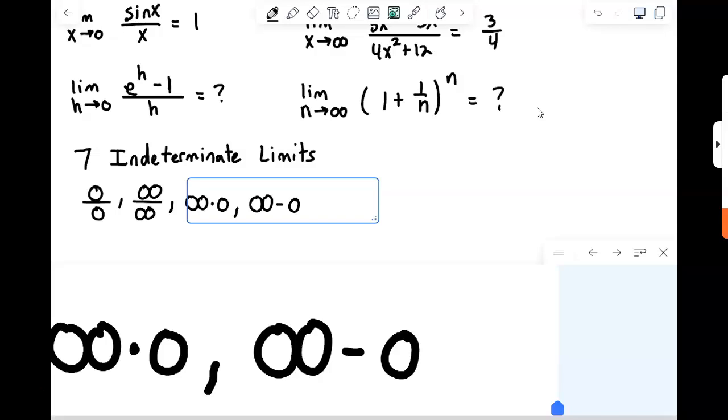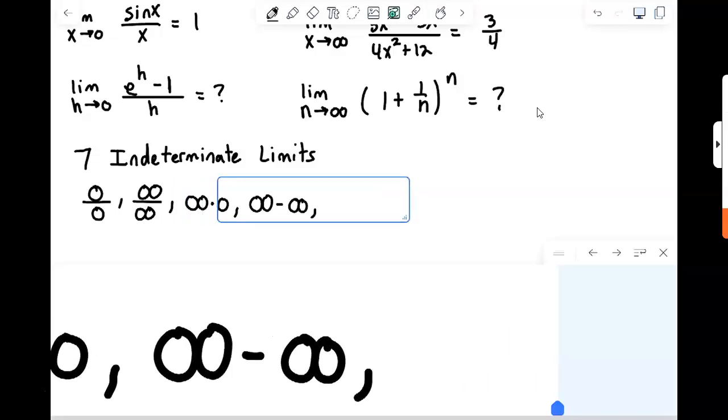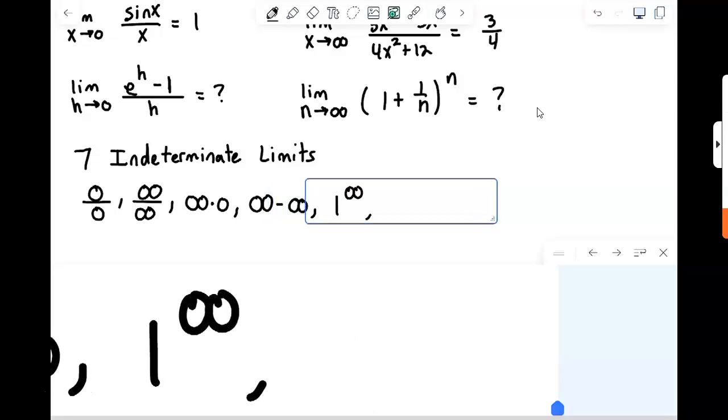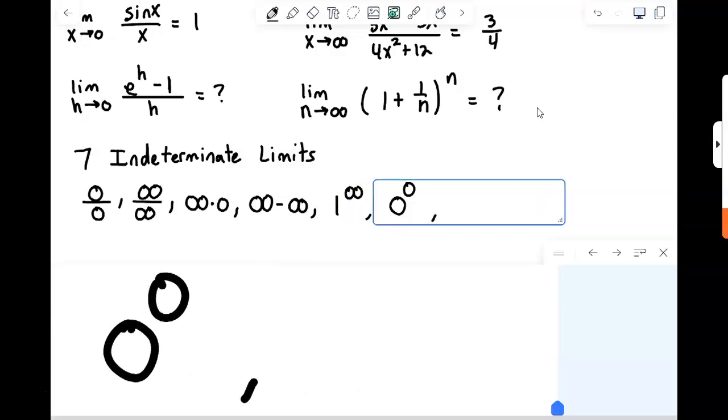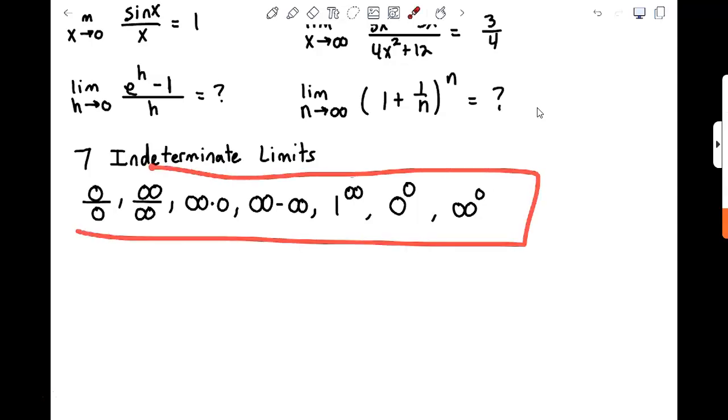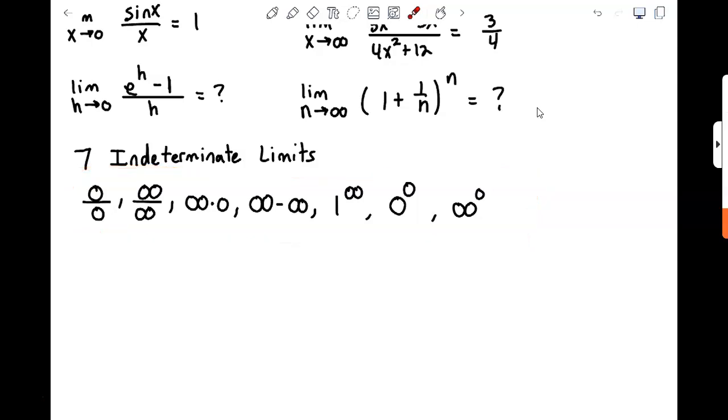Fourth one is infinity minus infinity. And then the final 3 all relate to some kind of exponent: 1 to the infinity, 0 to the 0, and infinity to the 0. So these are 7 indeterminate forms that our limits can take on, and we're going to be looking at how we can compute them.